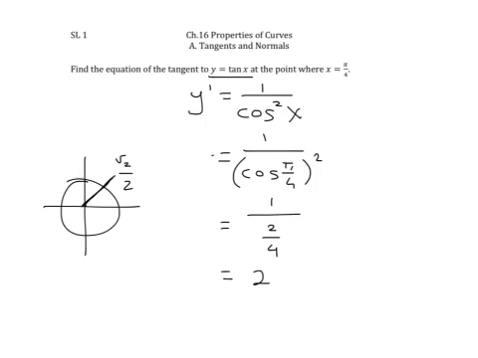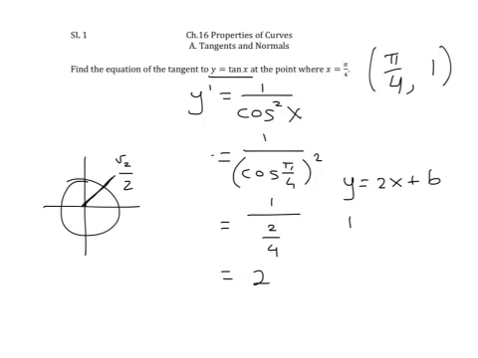So we have y equals 2x plus b. We are given an x, we haven't found the y yet. So when x is pi over 4, y is tangent of pi over 4. What's tangent of pi over 4? It's 1, right? Because it's root 2 over 2 over root 2 over 2.